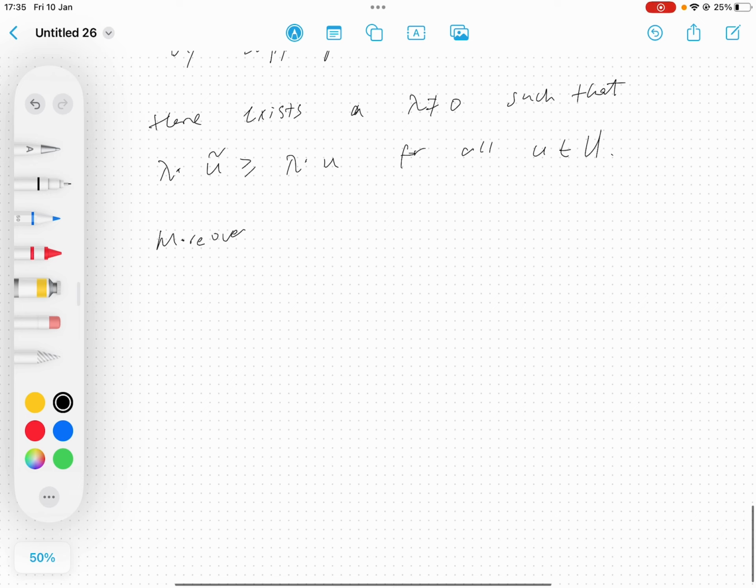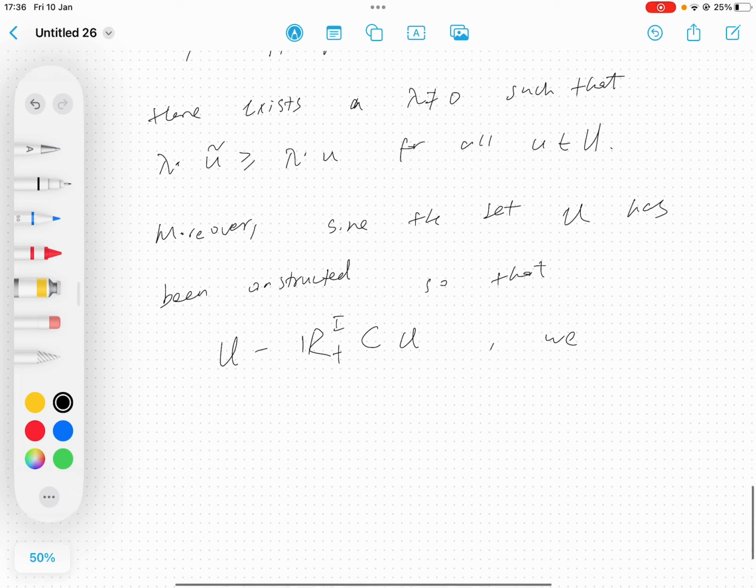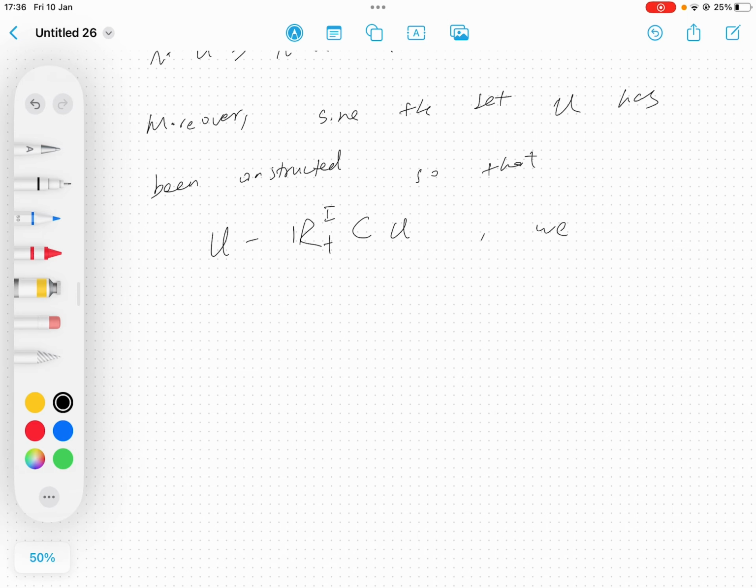Moreover, since the set U has been constructed so that U minus R plus I is a subset of U, essentially that means we can have some waste, free disposal. We must have lambda greater than or equal to 0.